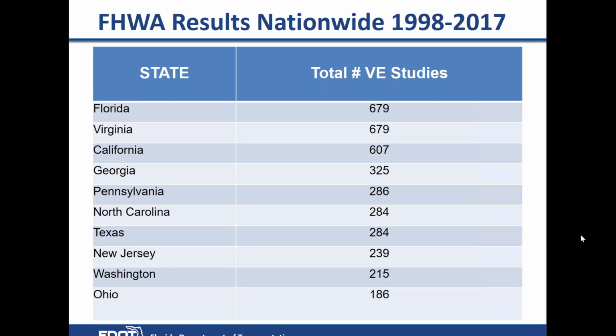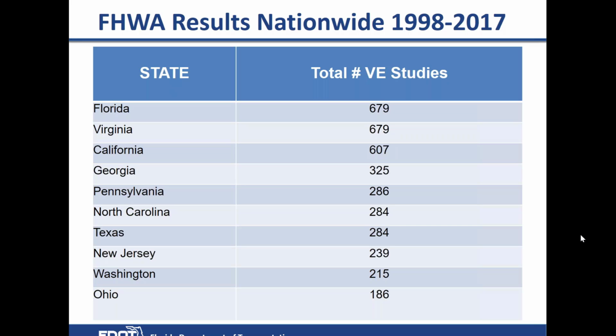So just to give you some insight into some statistics, in 1997, the federal regulation was passed. They started collecting data in 1998. So we're about 19 years of data here. And as you can see, Florida, with Virginia, has conducted the most studies over that 19-year period.